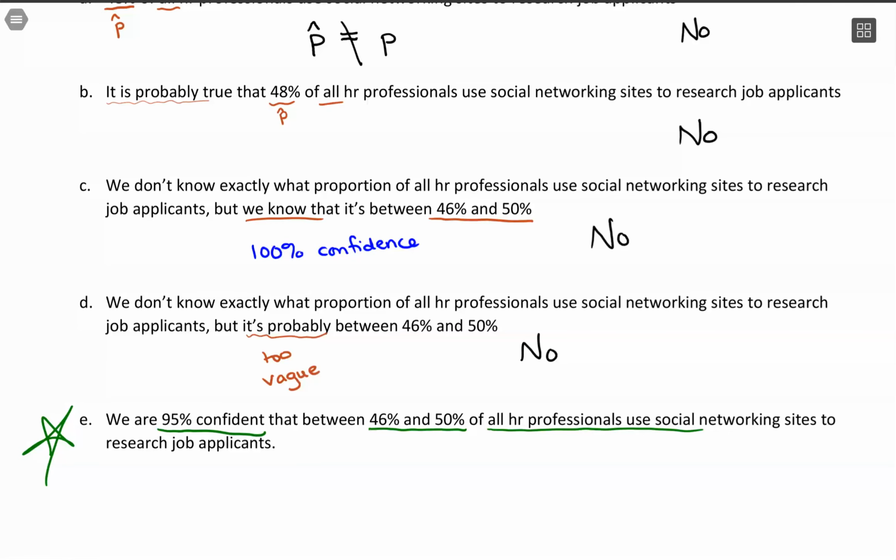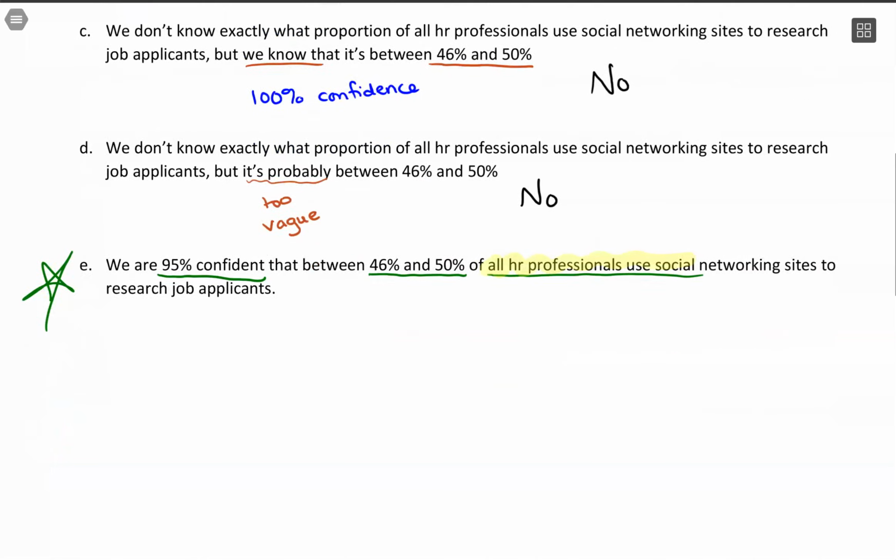It also doesn't mention the 2,500 people that we surveyed because we were done with that. It just relates confidence level, the interval that we found, to a description of our population proportion. With the wording of the questions that we look at, they'll often give you a structure for how to phrase your true population proportion. So we'll look at some examples with that.